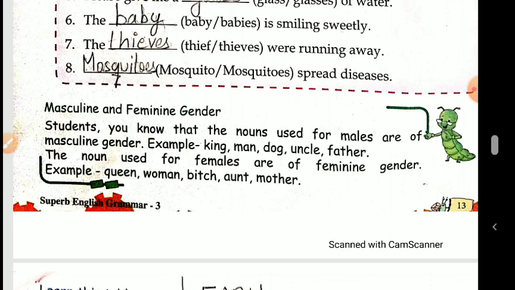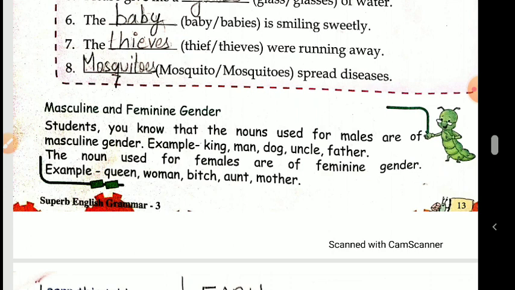Like queen, woman, then aunt, mother, peahen, grandmother, nun, sister, niece, these are all used for feminine gender. जो females के लिए use होते हैं तो इनको हम क्या बोलते हैं? feminine gender. जो बेटा boys और males और men के लिए यूज होते हैं वो सारे masculine gender, and जो female के लिए यूज होते हैं वो सारे feminine gender.